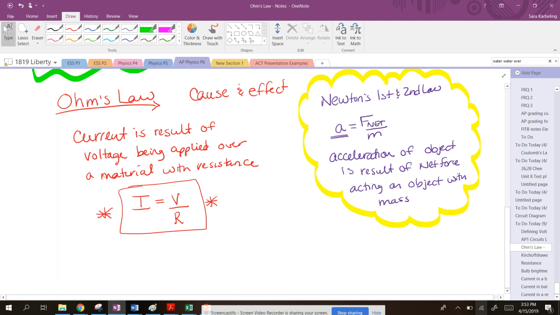Now, I have to give you one little heads up on this, okay? And this is one that I honestly learned the hard way. This law here, unlike Newton's first and second law, is not universal. Newton's first and second law always, always, always is true. Ohm's law is only true for what we call ohmic devices.